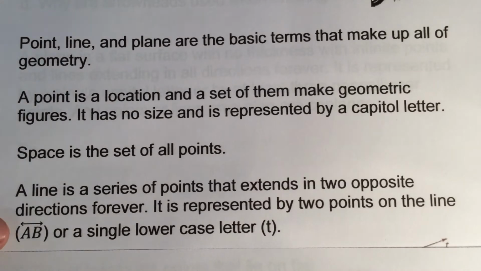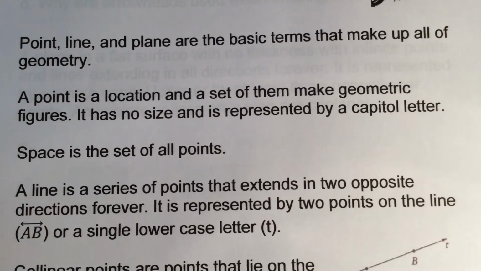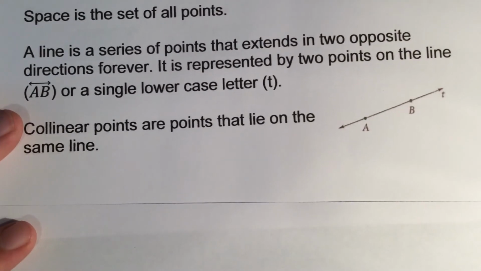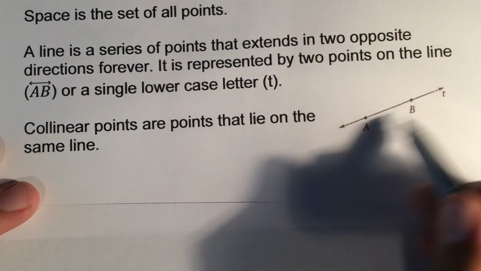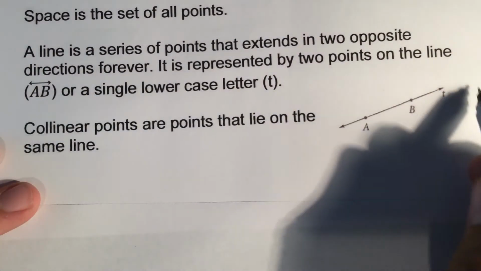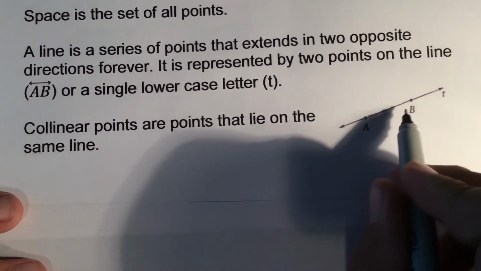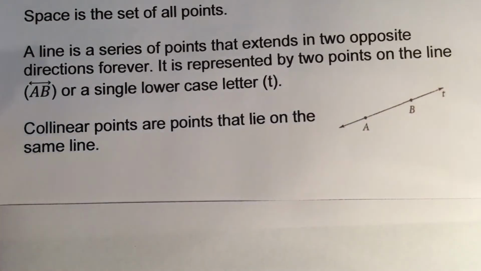Say, for example, AB with the little line above it, or we'll use a single lowercase letter, say, for example, T. So if you look at that figure there, we have 2 points on this line AB, so we could write it like that, or we could call it line T. Either way works. Generally, though, you're going to see the AB with the 2 points.